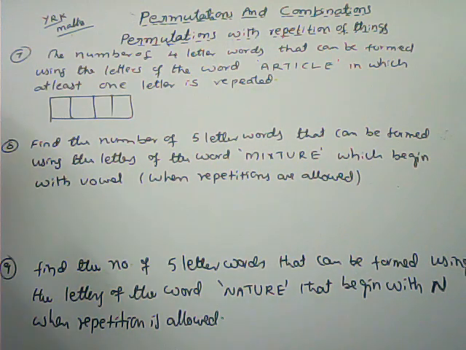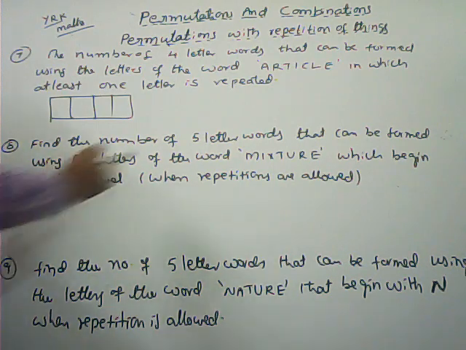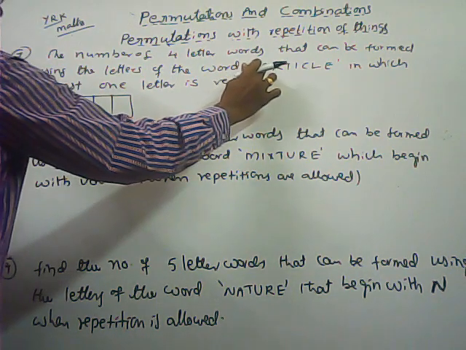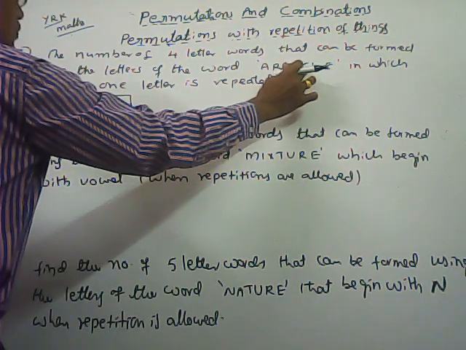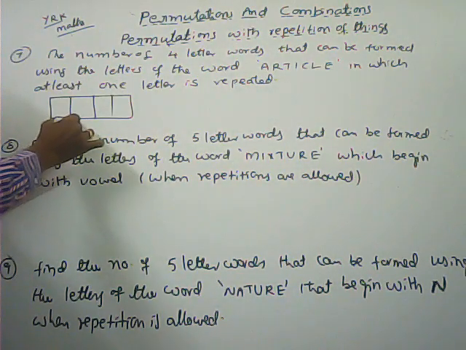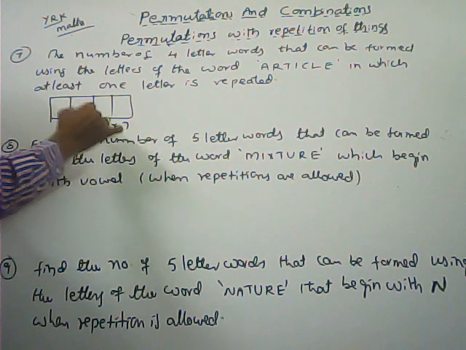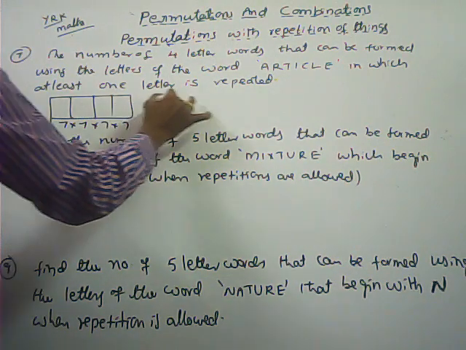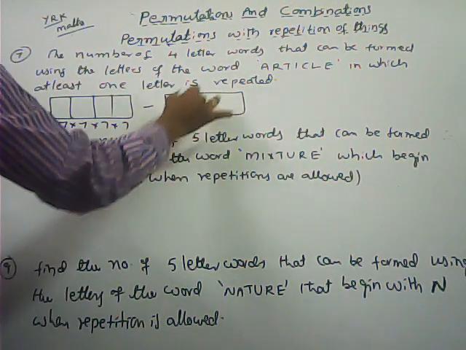See, at least one letter is repeated whenever they ask this type. First you can write total number of 4-letter words with repetition. Total how many letters are there? 1, 2, 3, 4, 5, 6, 7 letters are there. So first one can be filled in 7 ways. 7 into 7 into 7 minus none of the letter is repeated.